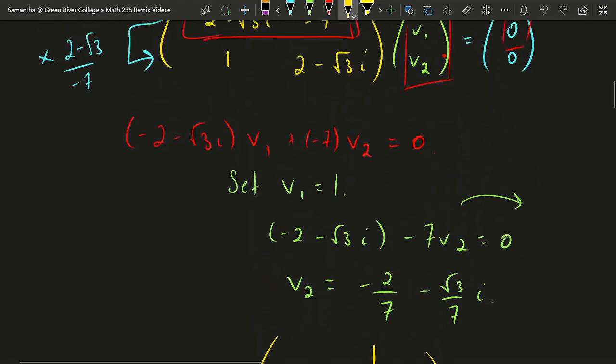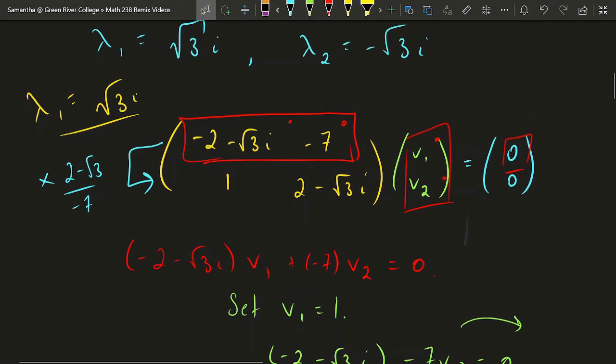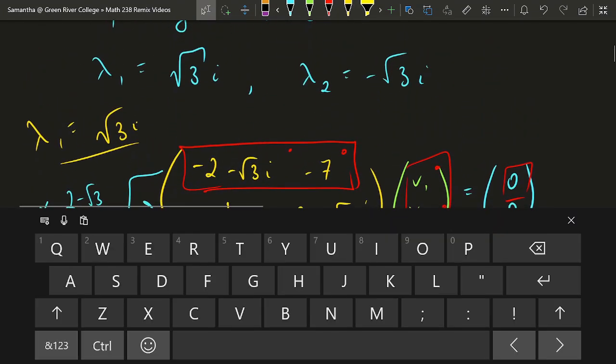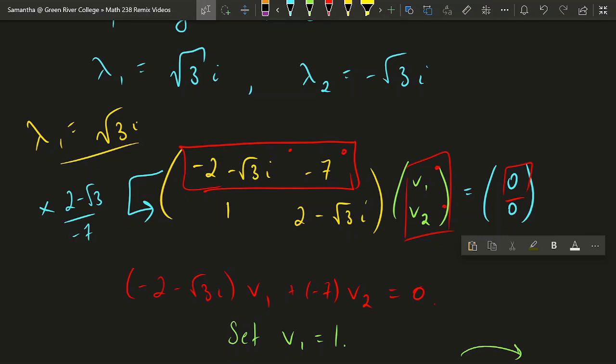Now let's do a similar thing to find an eigenvector corresponding to the second eigenvalue, negative root 3 times i.